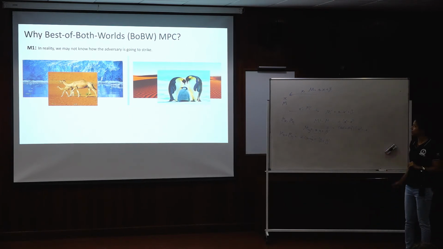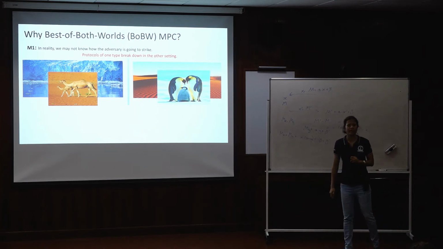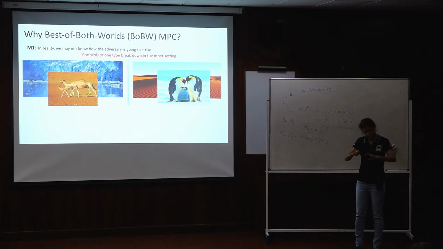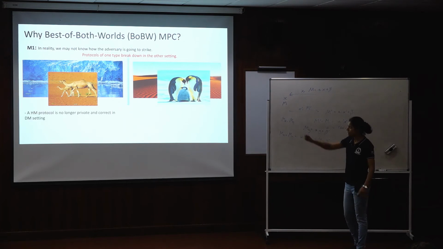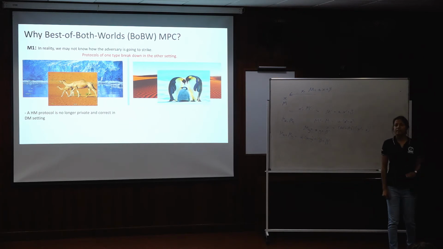The same thing happens with our honest and dishonest majority protocols. Unfortunately, these protocols completely break down in the complementary setting. If you take an honest majority protocol and run it in a dishonest majority setting, then the protocol is no longer private and correct.